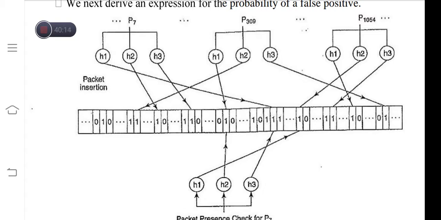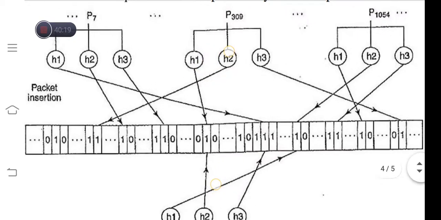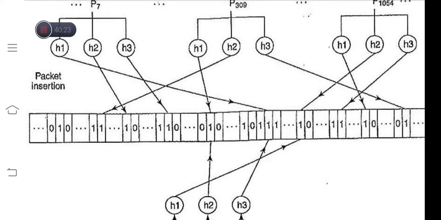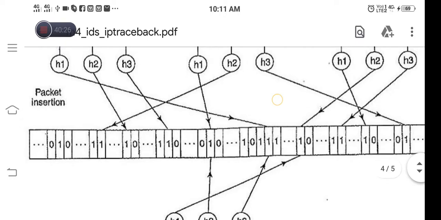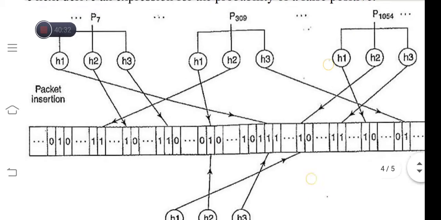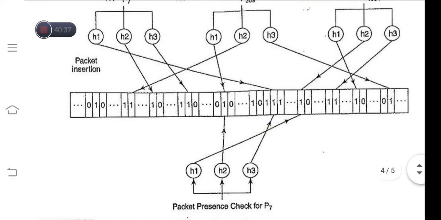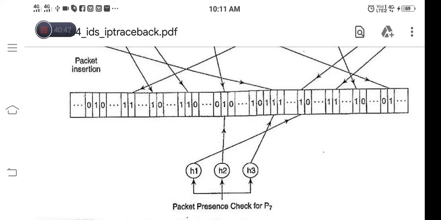See here in the diagram, the H1 function applied on the packet number 309 gives some index where we mark it as 1. Now the same index I am getting here by applying the function H2 on the packet P7. Yes or no? As we see from the diagram.